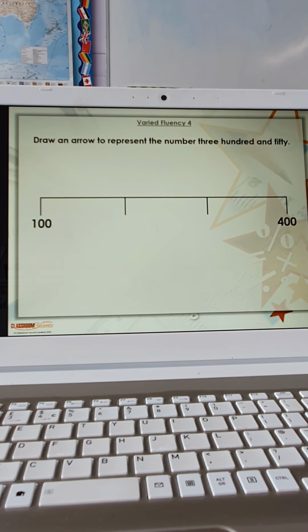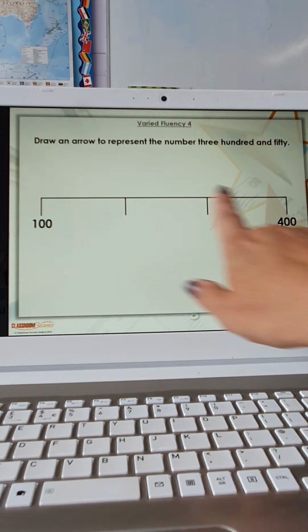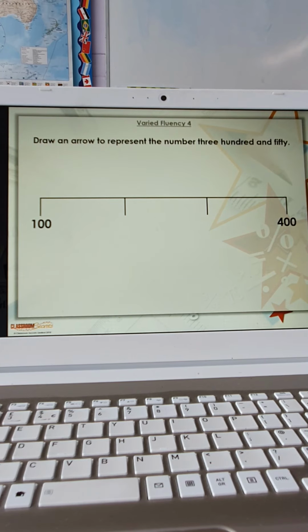So on here now, we need to look at this number line that goes from 100 to 400. And we need to add an arrow which would show us where 350 would be on that number line. So from 100 to 400 is 300 and we've got 3 intervals.